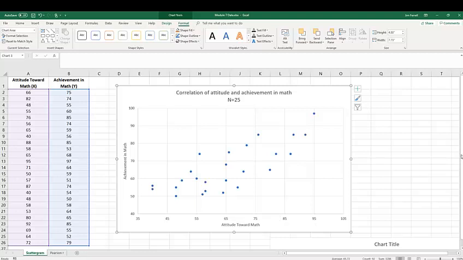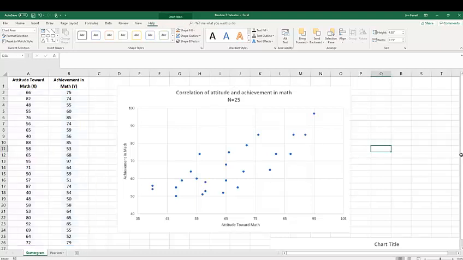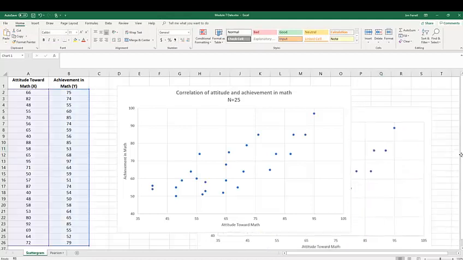And so if you were to hover over, you would see exactly what we're talking about. Okay, so it gives us our attitude toward math is 80, our x is 80, and our y then is 65, and it's plotted them out for us. Okay, so we have the same chart here.